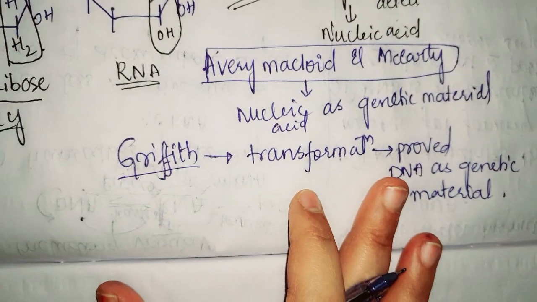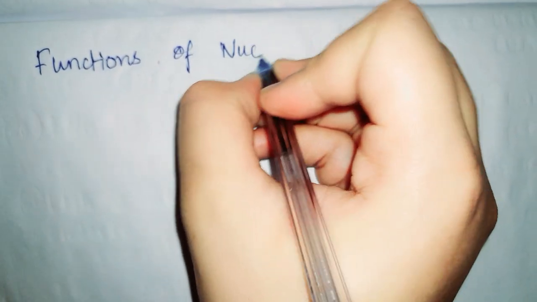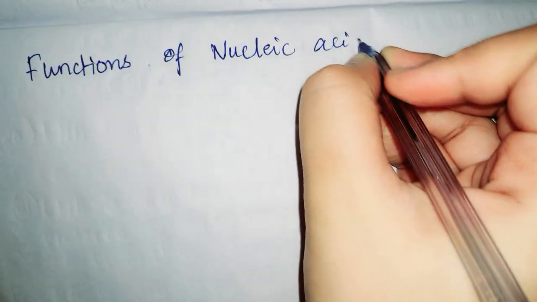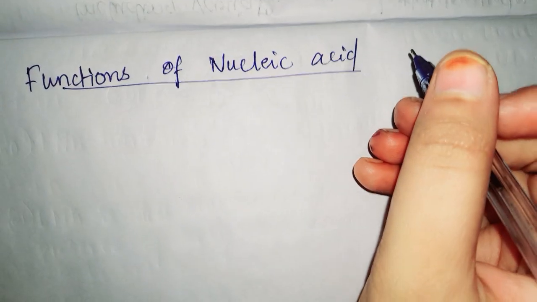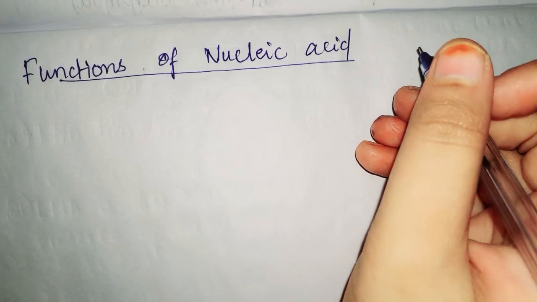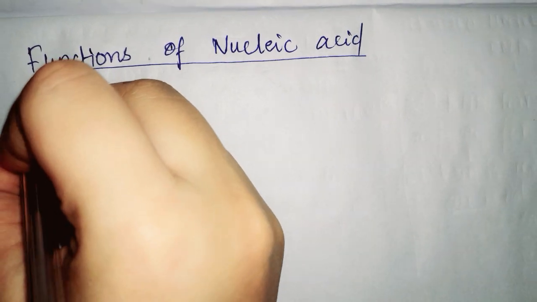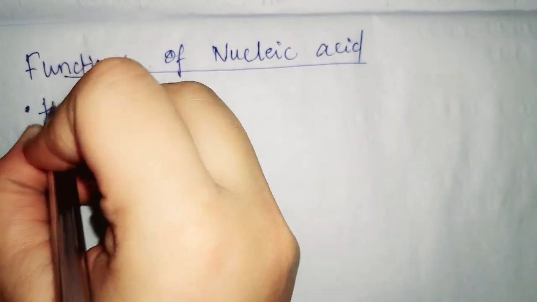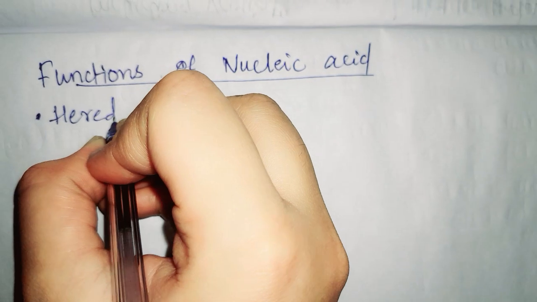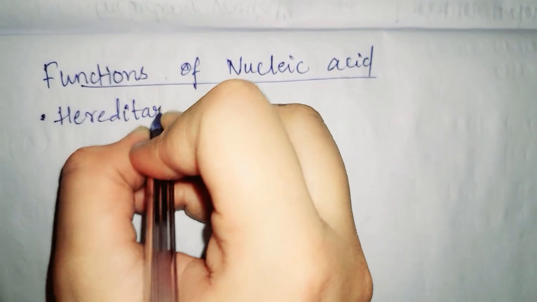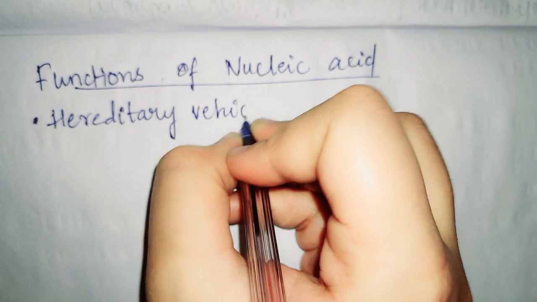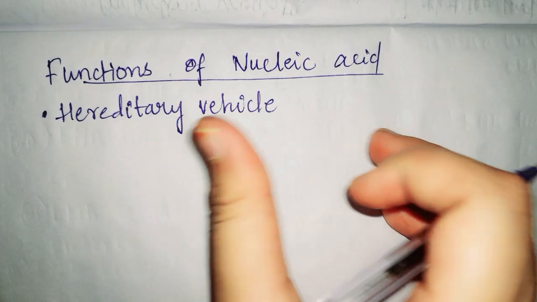Now we'll see the functions of nucleic acid. We know that it is involved in genetic transformation, and it also acts as a carrier molecule. So the first point, we can say that it is a hereditary vehicle, because it helps the transformation.